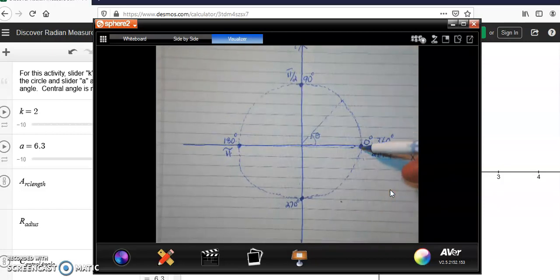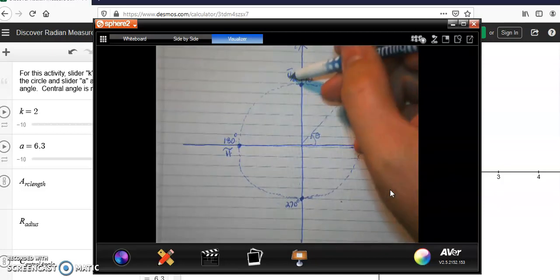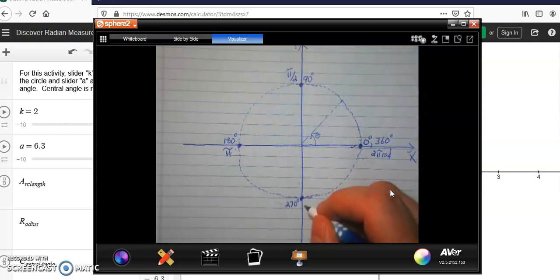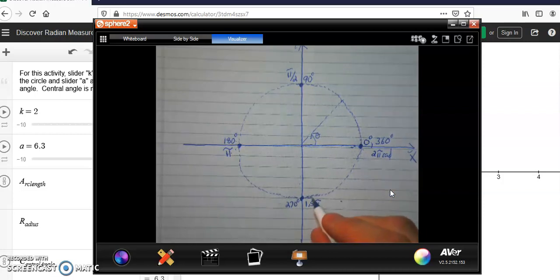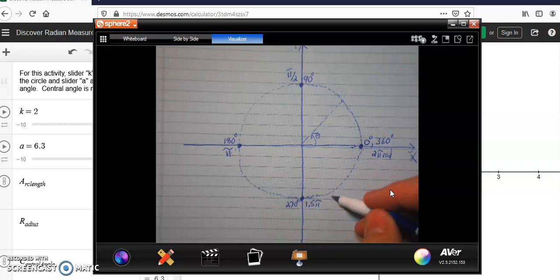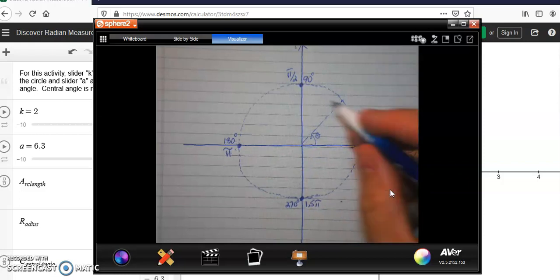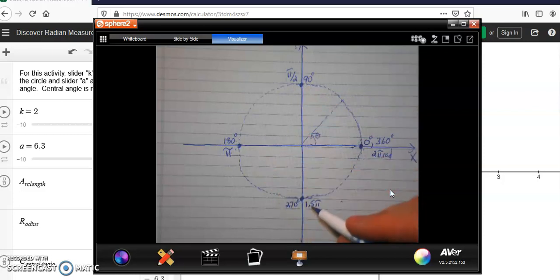And then if we go around the circle again, we have 0, half pi, 1 pi, and then 1.5 pi, or 3 halves pi, and then 2 pi. So the 4 quadrants break your 2 pi into 4 equal parts: pi over 2, 1 pi, 1.5 pi, and then 2 pi.